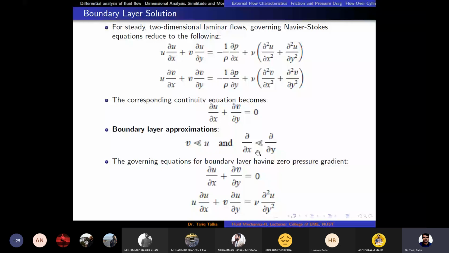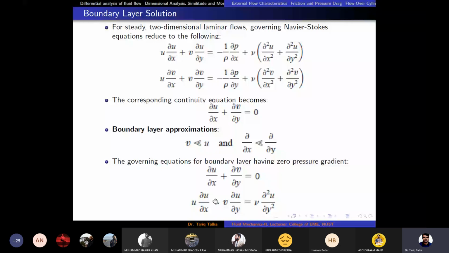Then for the last two terms, partial u by partial x is very small, and if we take the gradient of a very small quantity, it would be even smaller, so we can neglect the first term. So we are left with this equation. We need to solve these two equations, and you can see that they are still partial differential equations.